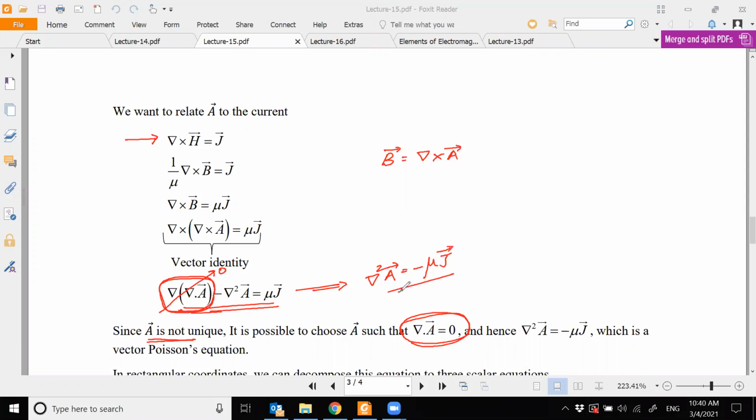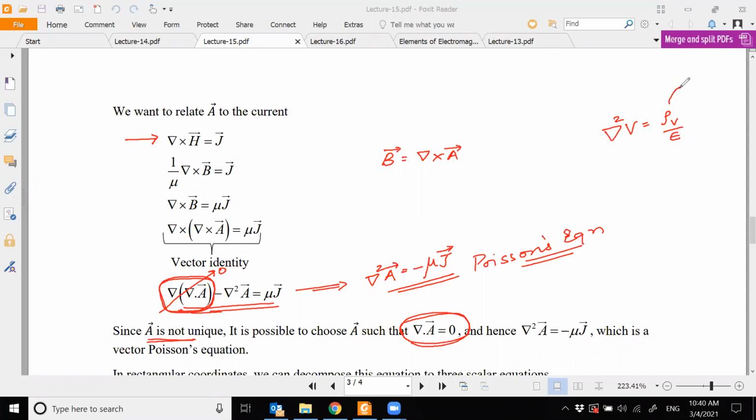This is called the Poisson's equation in our magnetostatics, where the source is the current. That's why the right-hand side, which is the source, is the current, J bar. Whereas in electrostatics, we had del square V is equal to rho V over epsilon. Am I right? This is what we got.